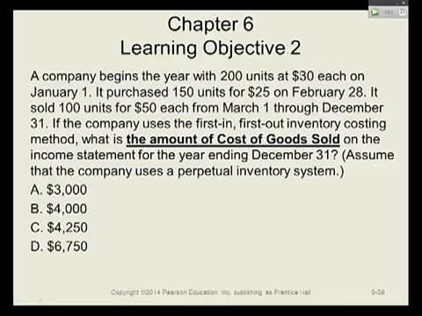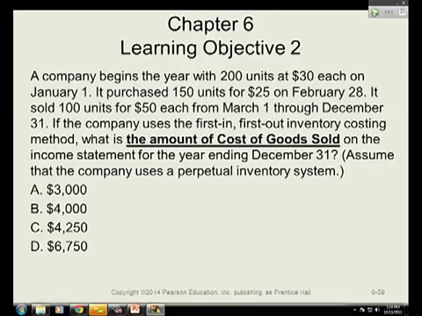And I'll give you some cheat time as well by reading the question. The company is starting the year with 200, buys 150. Once again, it sells 100 at 50. The selling price is meaningless. They use FIFO. What is the cost of goods sold? So let's fire this through.